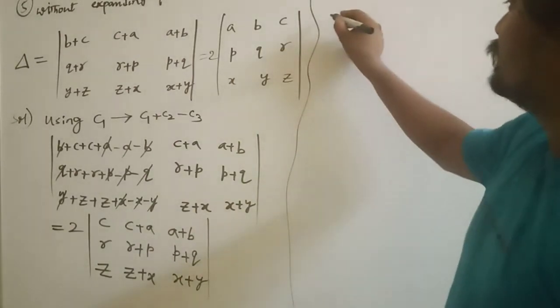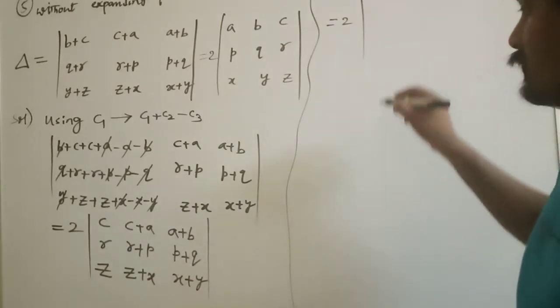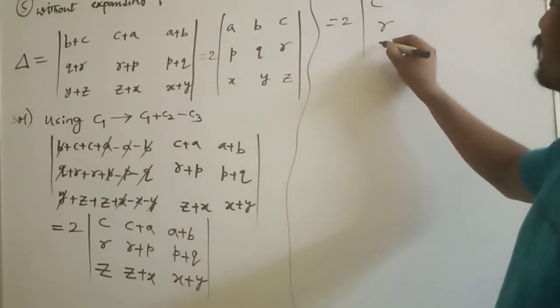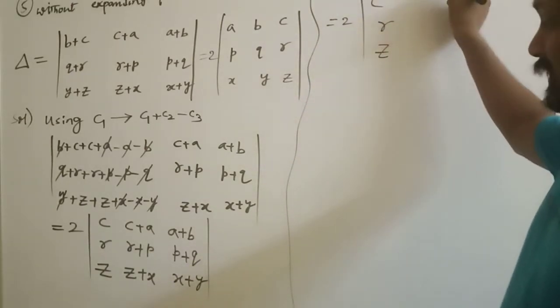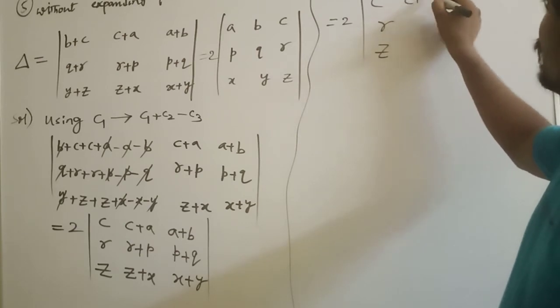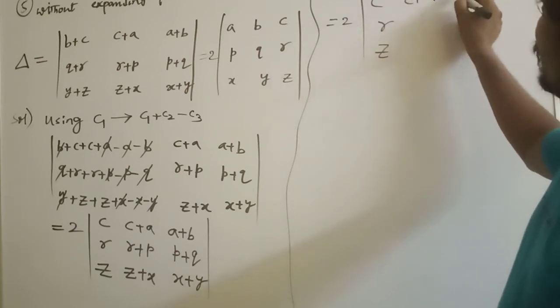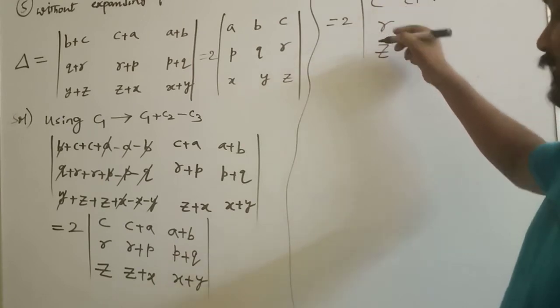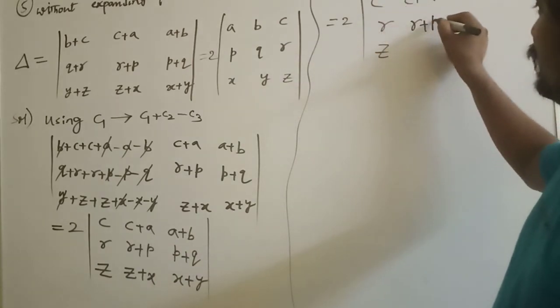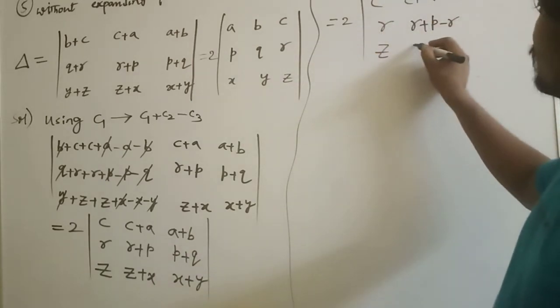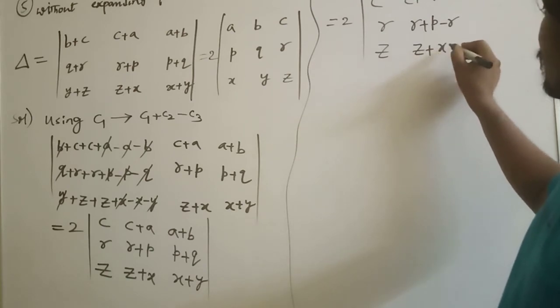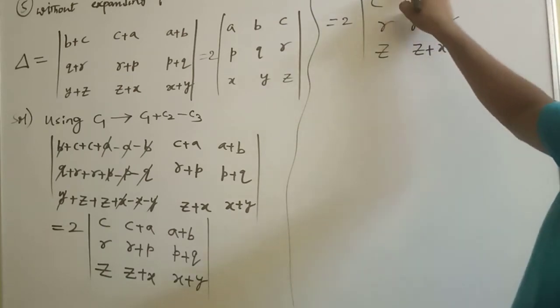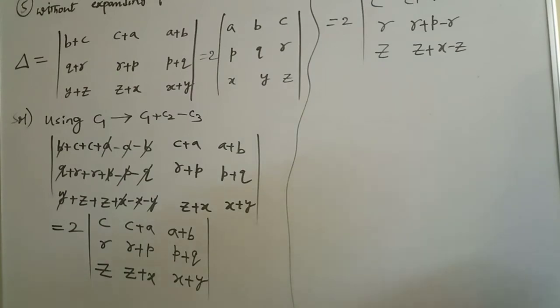So what is the possibility to get? 2C or Z, C2 minus C1: C plus A minus C, because C1 is C; R plus P minus R; Z plus X minus Z, because here C2 minus C1 is our elementary operation.